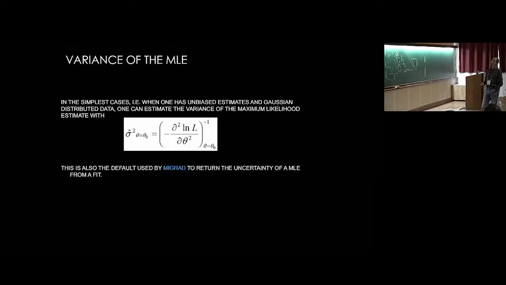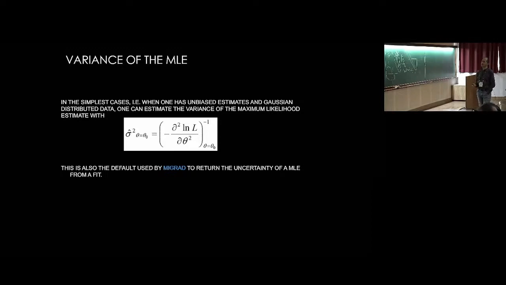The simplest way to estimate the variance of your estimates of the parameters from the maximum likelihood method is to take the inverse of the negative of the second derivative of the log likelihood function with respect to the parameters, at the value at which you're measuring. So this is a recipe, but I think we will fiddle with this expression when we do some practical exercises later on.